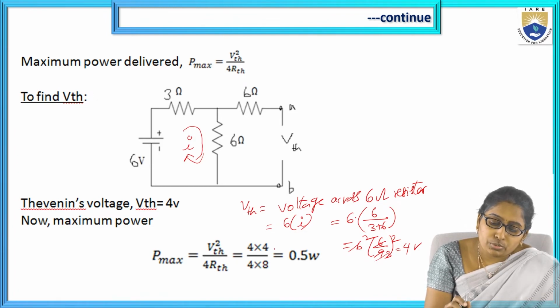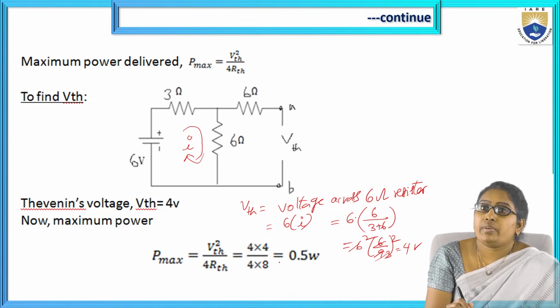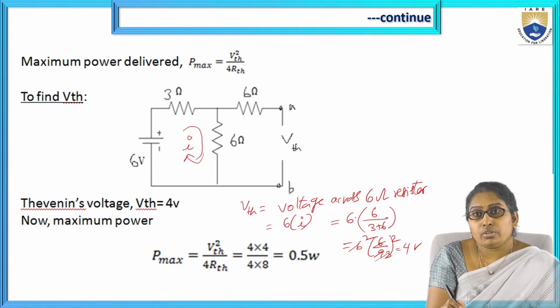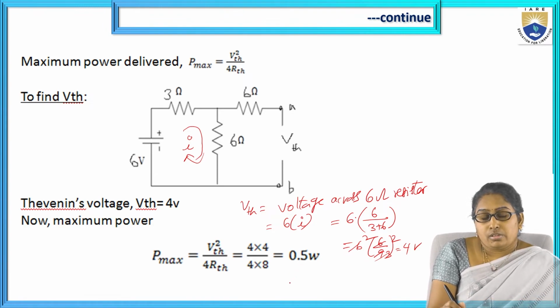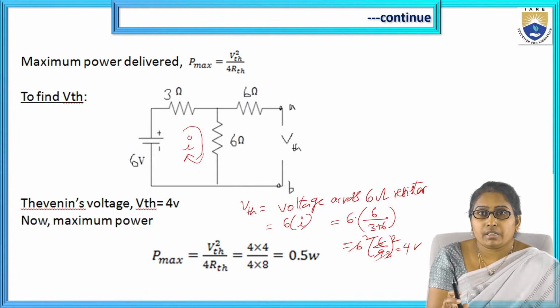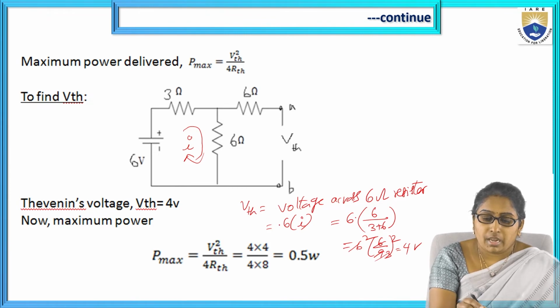Substituted, this gives 0.5 power. The units are watts. That is how the maximum power is calculated.